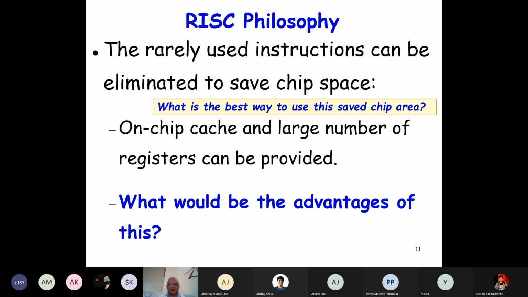So once we save a lot of chip area, we have an on-chip cache and also increase the number of registers. And what is the advantage of having an on-chip cache and a larger number of registers? Like instead of 8 registers, we can have, let's say, 1024 registers.